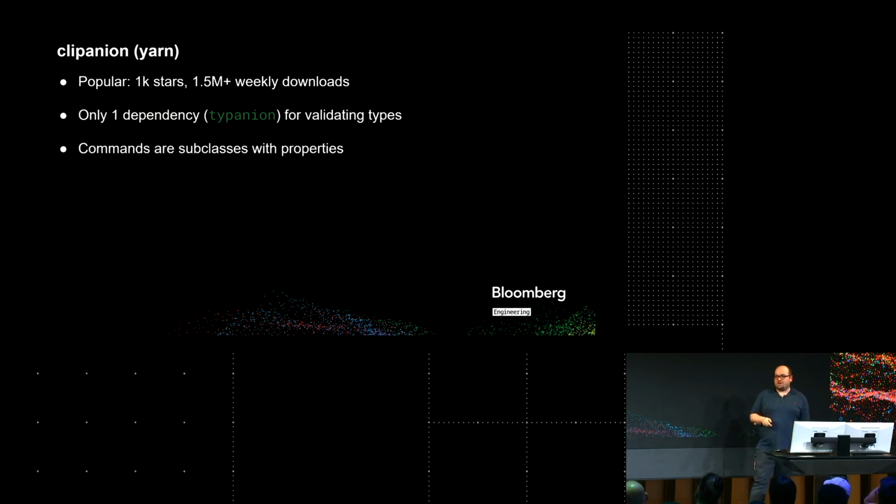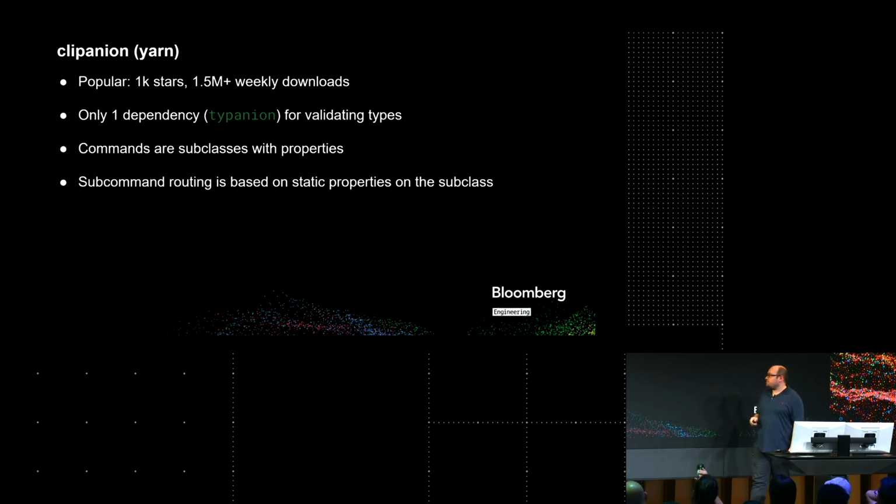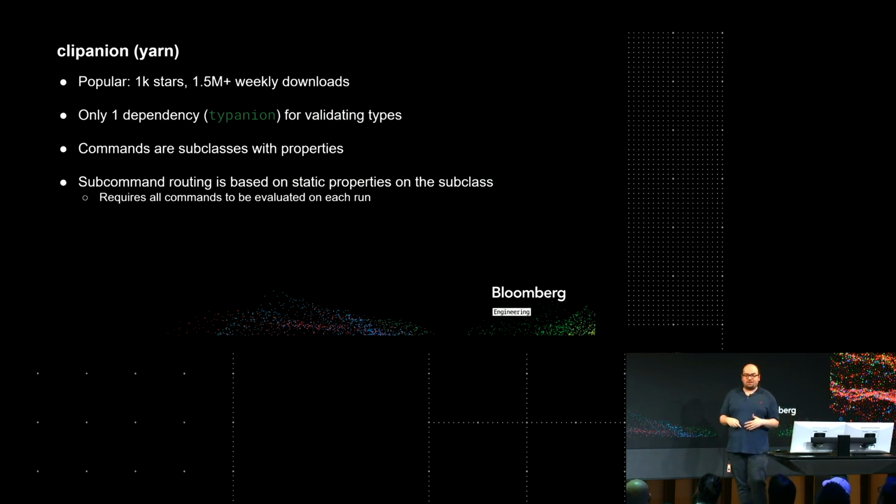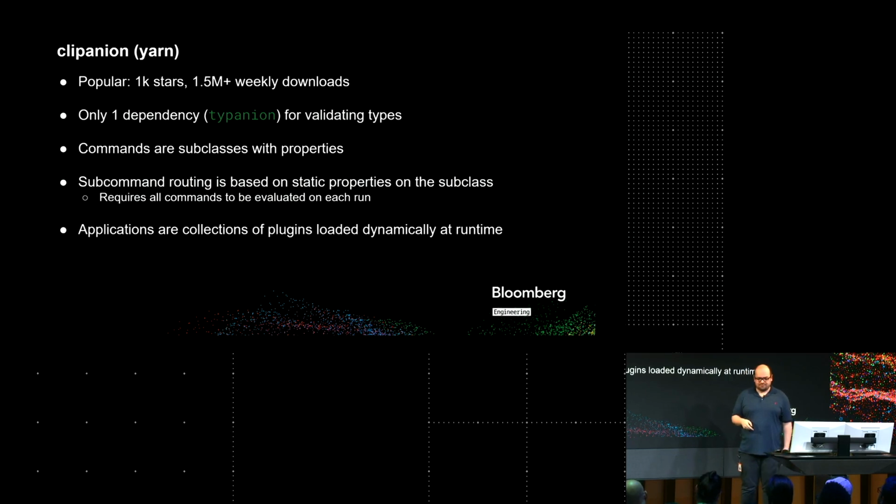Commands are subclasses with regular properties, not static properties. And command routing is based off the static properties on that subclass. It does require that all of the commands, all of the classes need to be evaluated in order to run the application, which is a lot of things to load, especially when the implementation is inside the command.